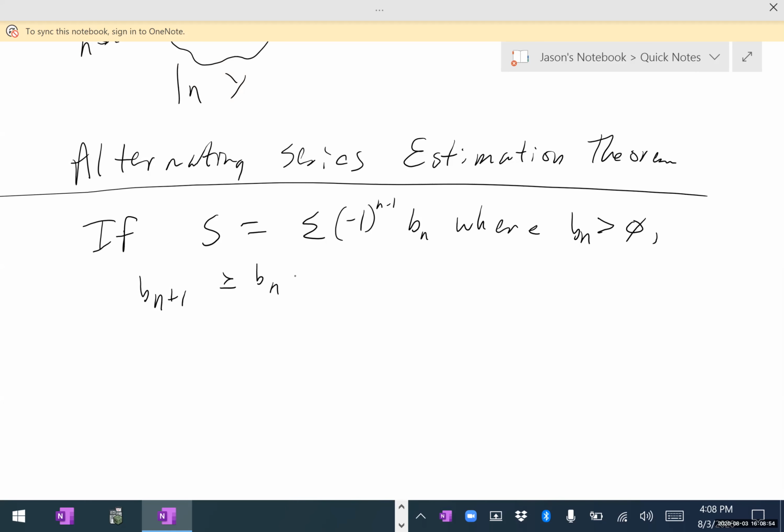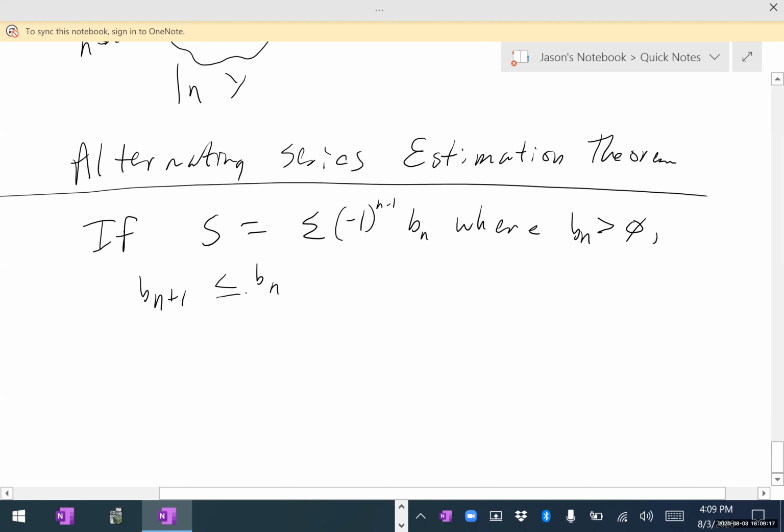I want to double check. I'm absolutely certain, yes, it was reversed. That does not make sense.